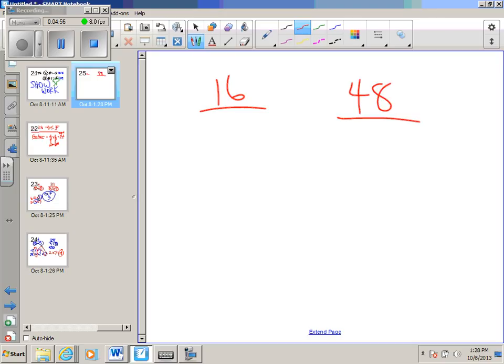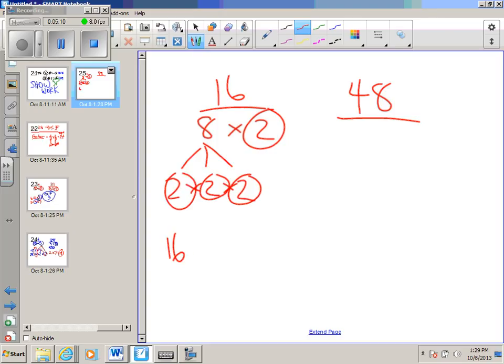16 and 48. So for 16, 1, 2, 3, 4 twos. For 48, 48 is actually 3 times 16.